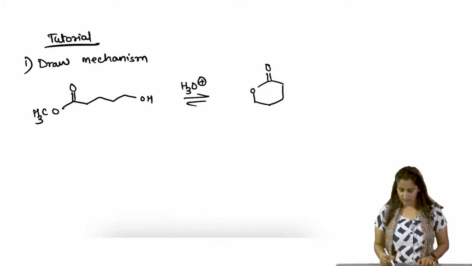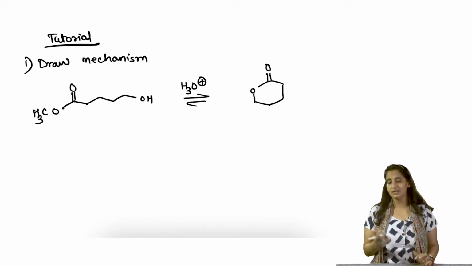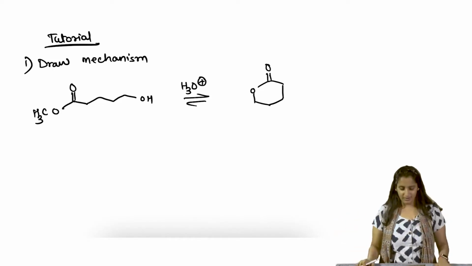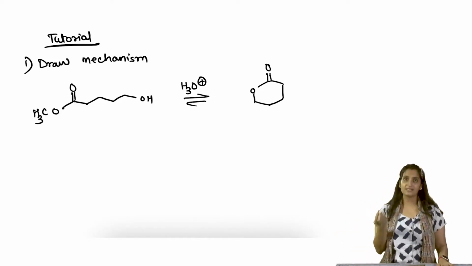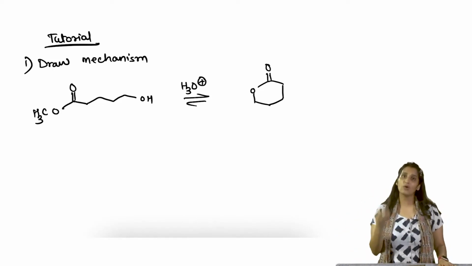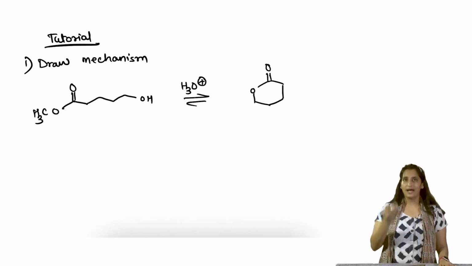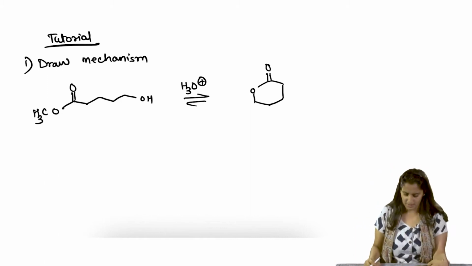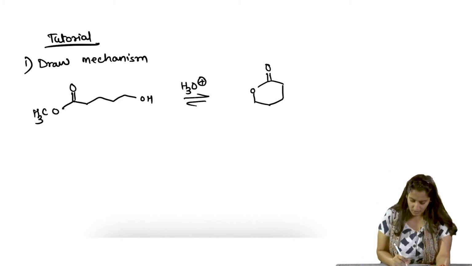So, let us start. In the first step, remember we are in acidic medium. So, in acidic medium, you cannot have species like OH minus, that's a given. So, the only base that we have here is going to be water, and the acid is going to be H plus or H3O plus, you can write it that way as well. So, let us start with H3O plus as our acid.